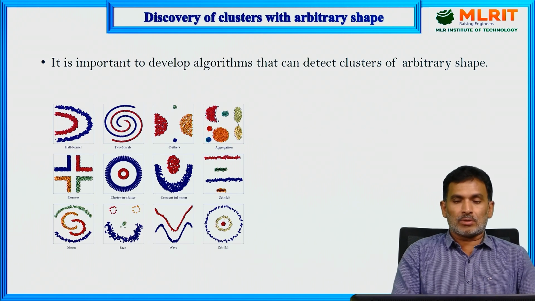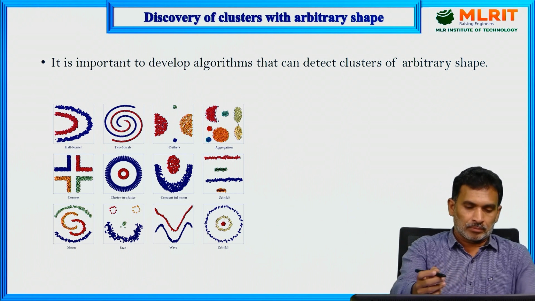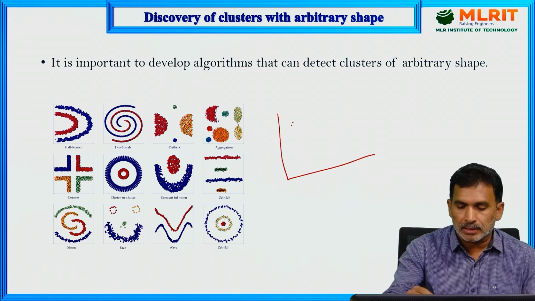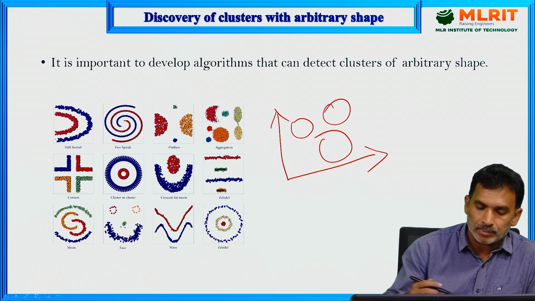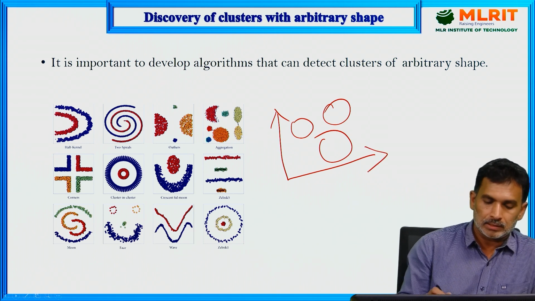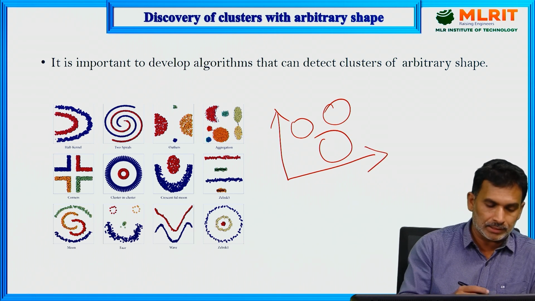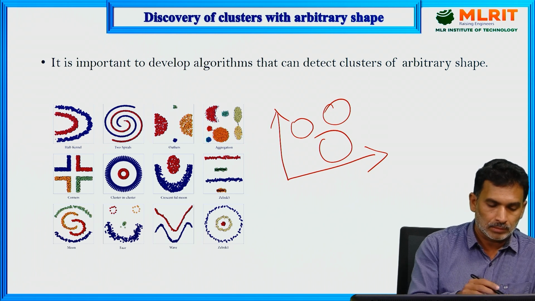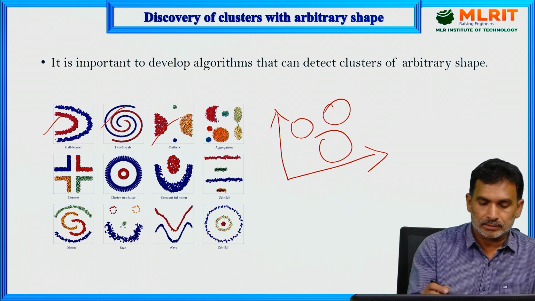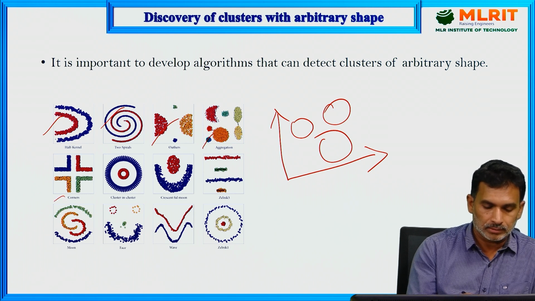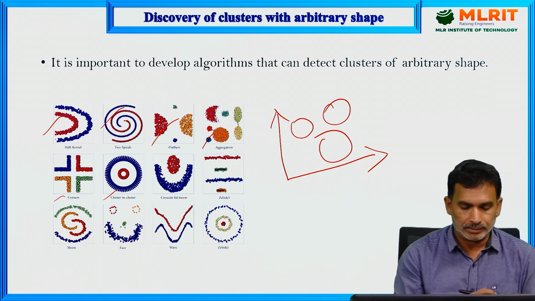Next is the discovery of clusters with arbitrary shapes. It is very important to develop algorithms that can detect clusters of arbitrary shapes. In previous examples, when we discussed clustering, we used to discuss spherical shapes, but there are different shapes, as you can see from this diagram: a half kernel, two spirals, outliers, aggregations, corners, cluster in cluster, crescent, full moon.